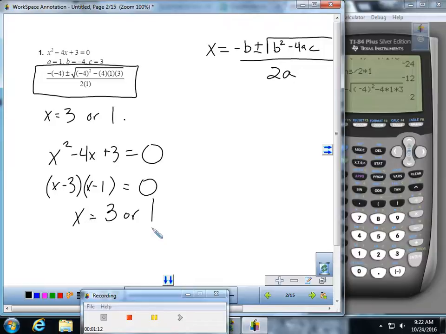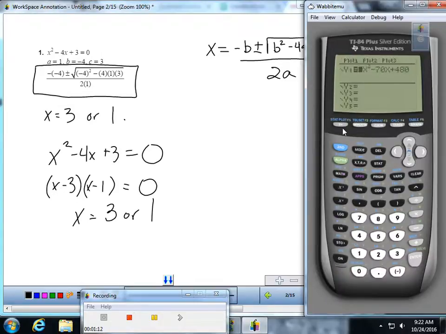Here's another way we could do it. Go back to your calculator. Y equals x squared minus 4x plus 3. Enter. Graph it.